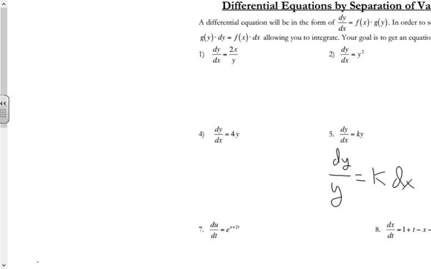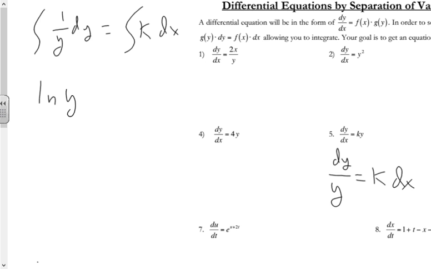So the integral of 1 over y dy equals the integral of some constant times dx. Well, that's going to be the natural log of the absolute value of y equals k times x plus c.